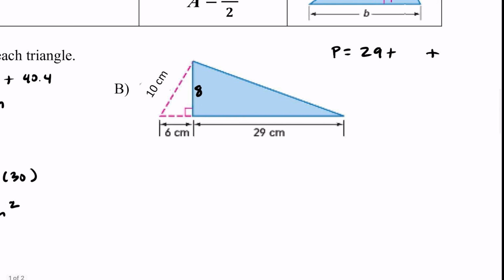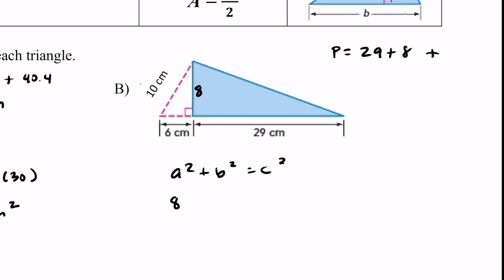So I have 29. I have 8. So I'll put plus 8. But I don't know what this side here is. So how would I figure out this one missing side? Yeah, I got to use the Pythagorean theorem again. So I will do a squared plus b squared equals c squared.